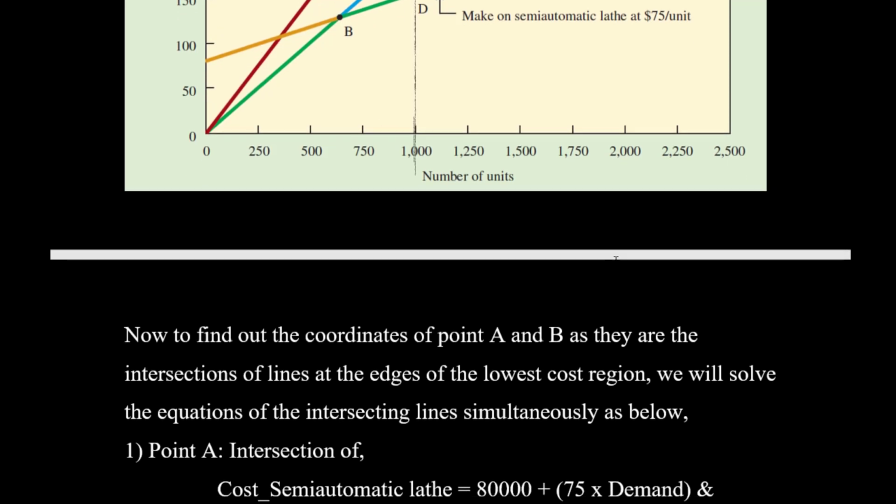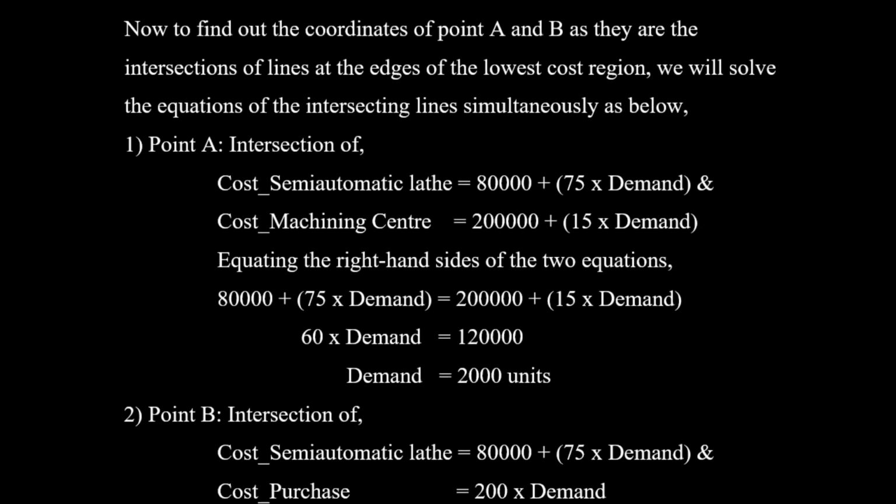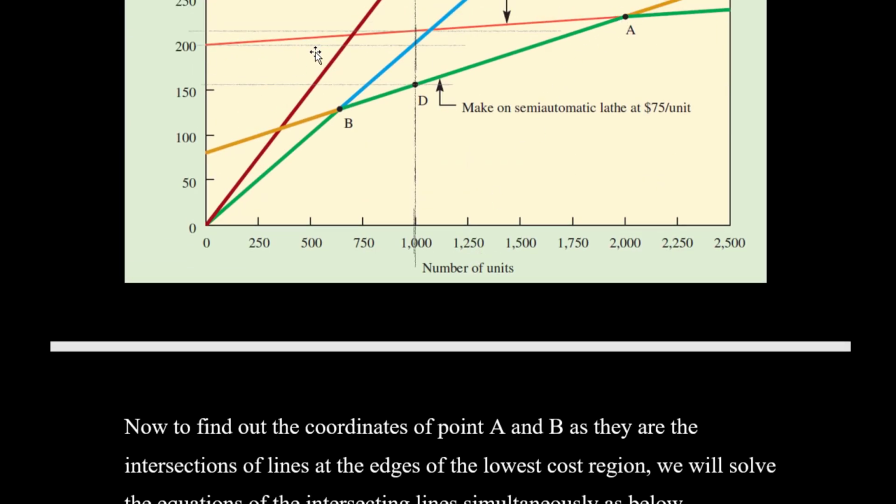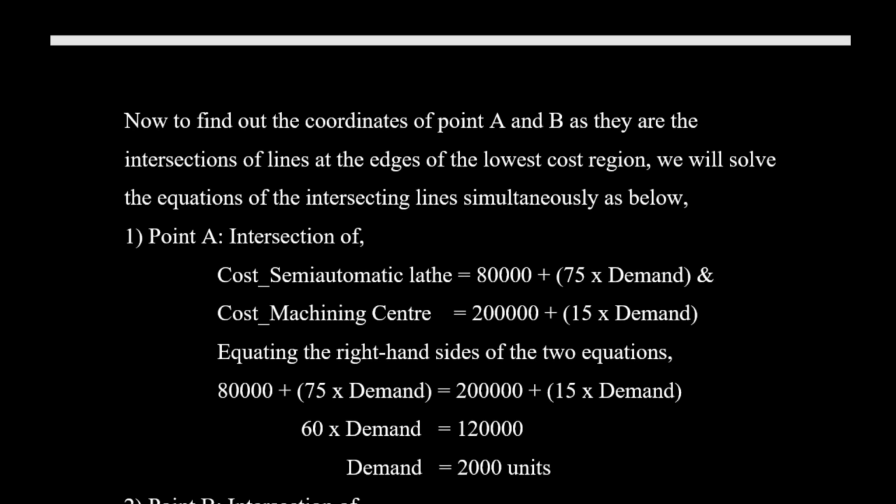So that is what is shown here now. To arrive at point A, we will solve the semi-automatic lathe equation. The total cost is this: 80,000 plus 75 into demand, and machining center is 200,000 plus 15 into demand. So at this point A, both the costs are equal. So we need to equate these two equations.